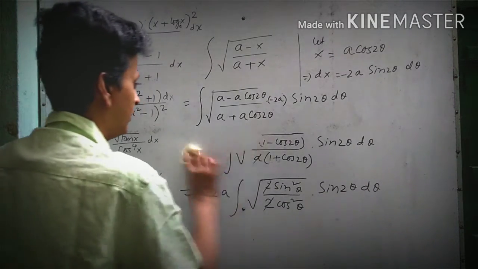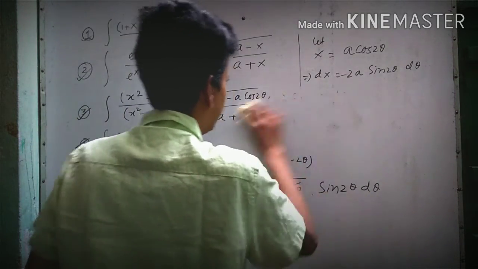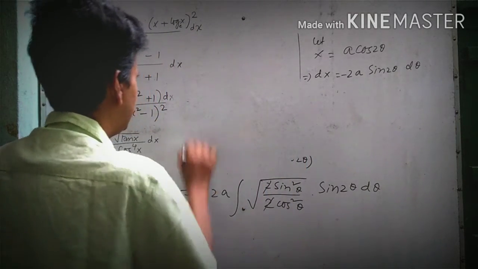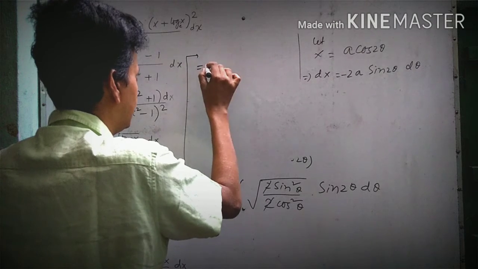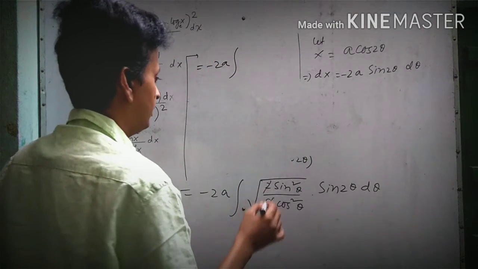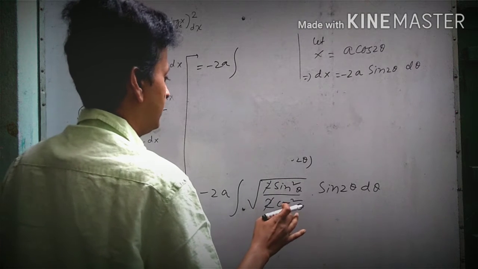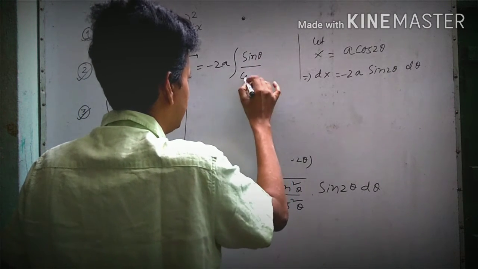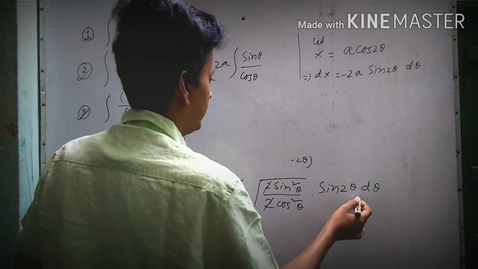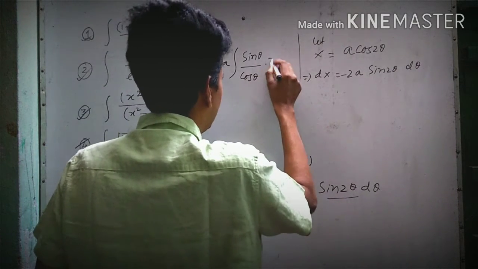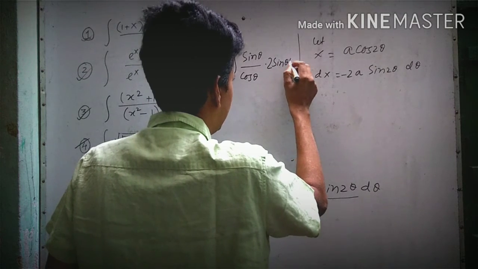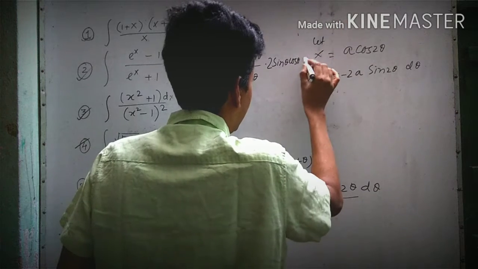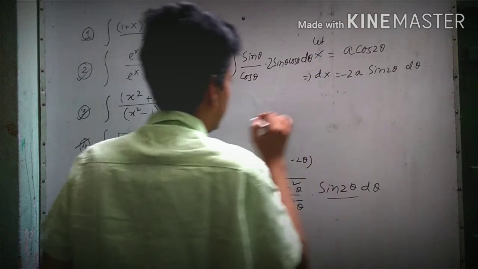Now our next step, so we get minus of 2a into integration of root sine square theta by cos square theta, that is sine theta by cos theta. And we can write sine 2 theta as 2 into sine theta cos theta and d theta.